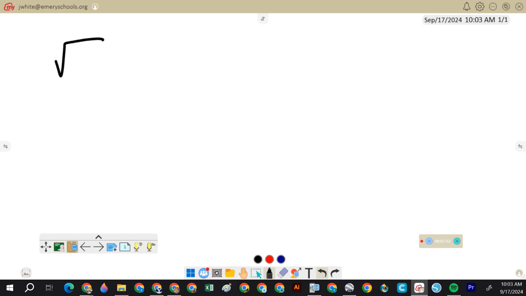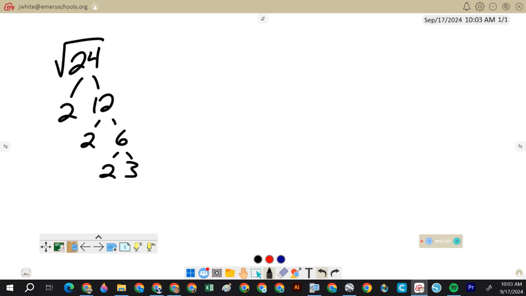What about the square root of 24? What goes into 24? 2 and 12, 2 and 6, 2 and 3, and then make sure that you cross off everything that factored. I'm looking for pairs, not the fruit.